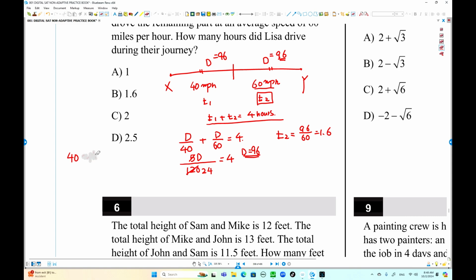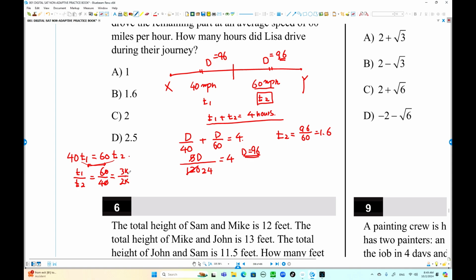So 40 times T1 equals 60 times T2, right? They are equal. So from here we can find the ratio between T1 and T2, right? So T1 over T2 equals 60 over 40. Are you okay with this? That is equal to 3 to 2. So if this is 3k, this is 2k, right?